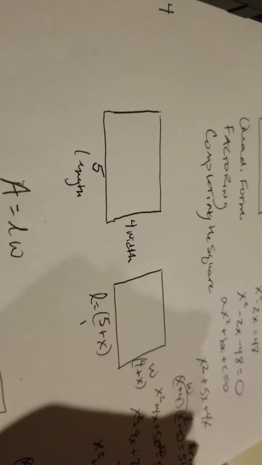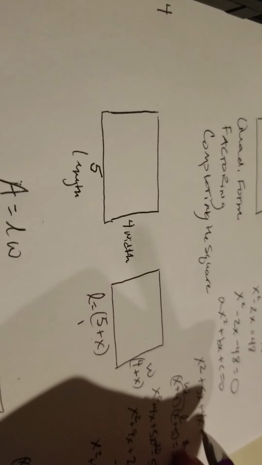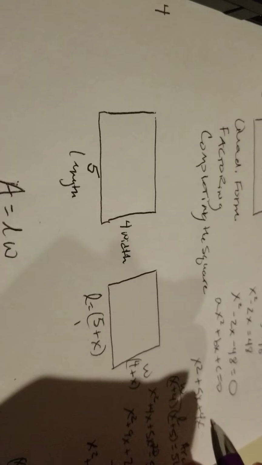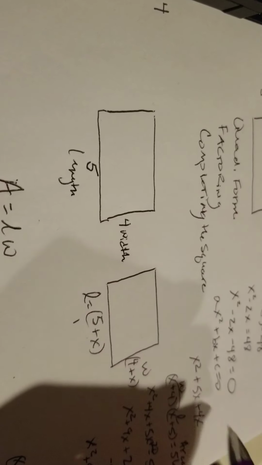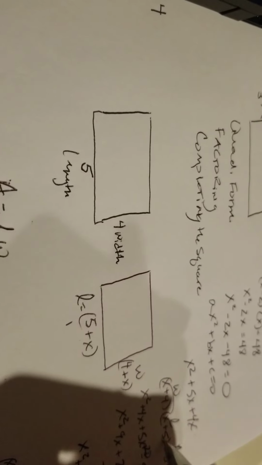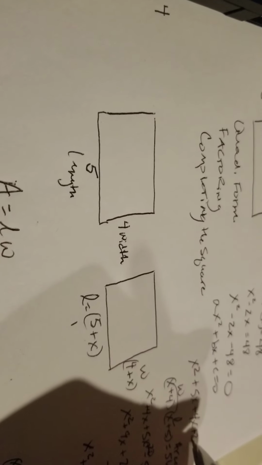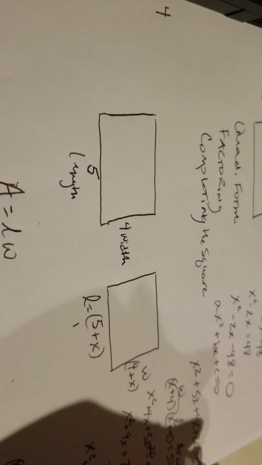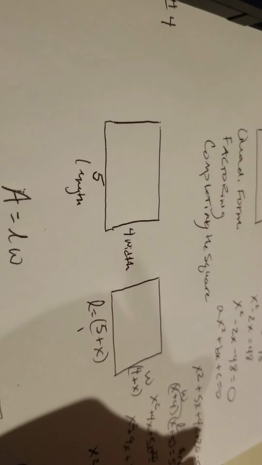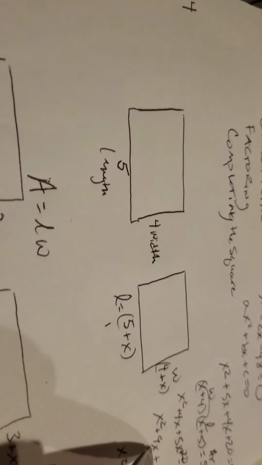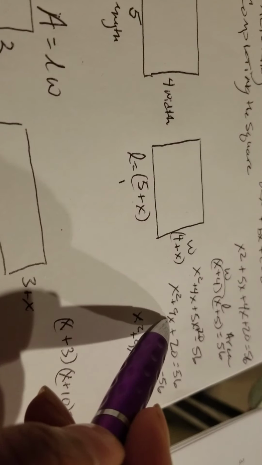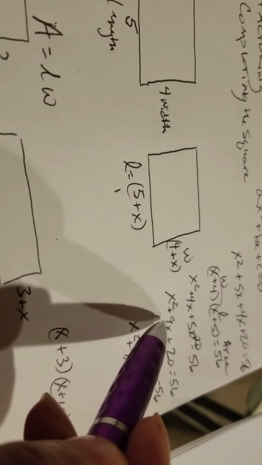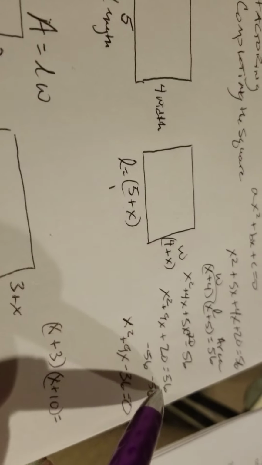And then 4 times 5 is 20, and that's equal to 56. When you add the 5X and the 4X, that'll end up being 9X. So that's X squared plus 9X plus 20 is equal to 56.